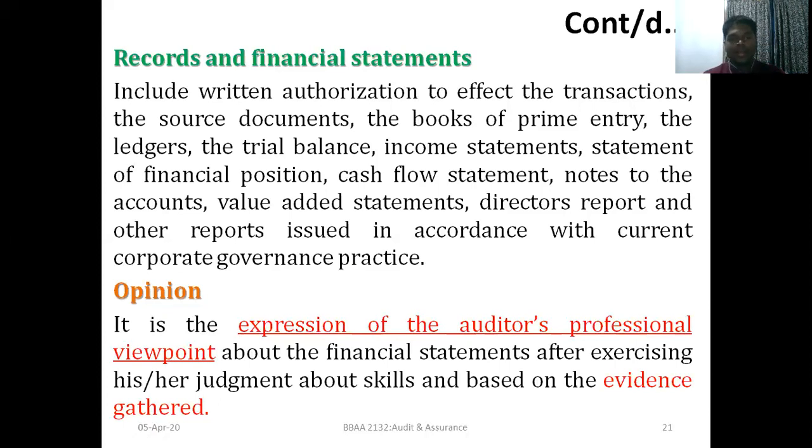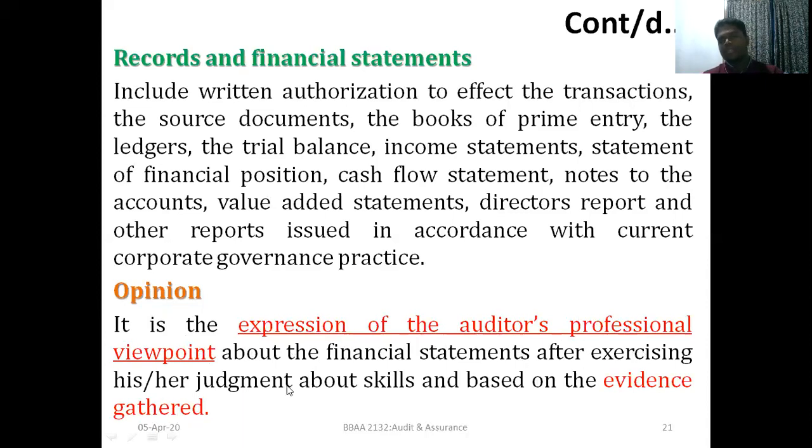So here it is an expression of the auditor's provisional viewpoint. What is the meaning of expression of the auditor's provisional viewpoint? It means when the auditor checks the documents, the person gives the feeling of the person's judgment, a viewpoint about the financial statements after exercising his or her judgment.